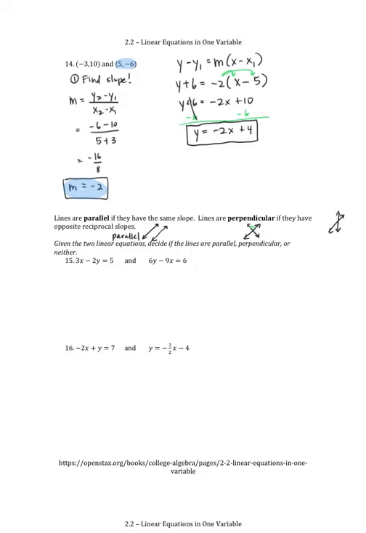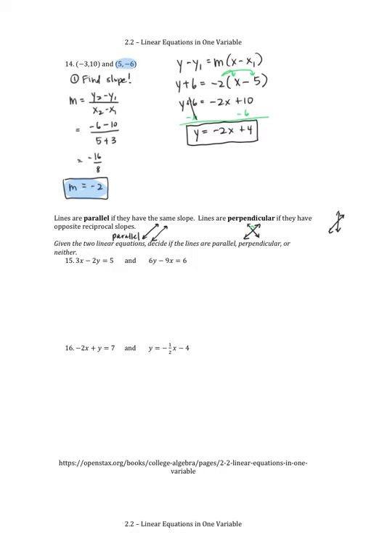So if they're parallel, they have the same slope. If they're perpendicular, they have opposite reciprocal slopes. Remember, reciprocal means the fraction is flipped. So they're going to have different signs, and it's going to be flipped. So let me just show you a quick example.